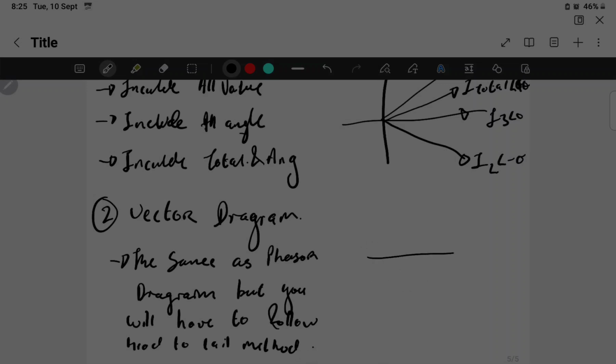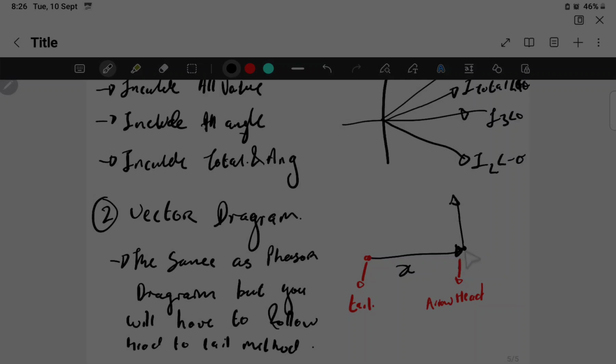Remember Pythagoras, right? So you have your x. Here's your head, let me get a red one. This here is your arrowhead, and this here is your tail. So head to tail method. Then you're going to draw your y like that. You see, here's your head and there's your tail.